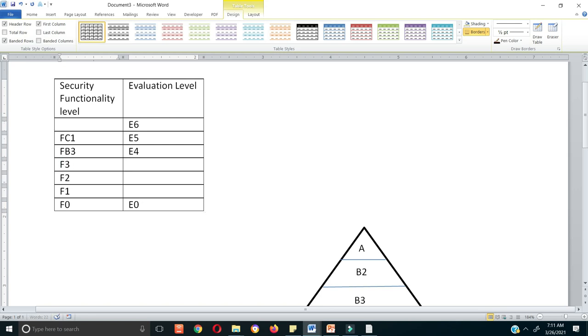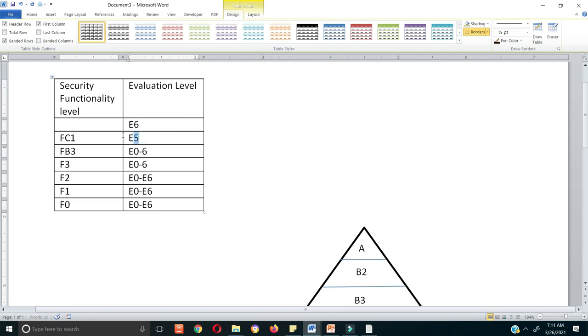And then here you can have your evaluation levels from E0 to E6, from E0 to E6, and so on. So this is where the system stops being hierarchical.